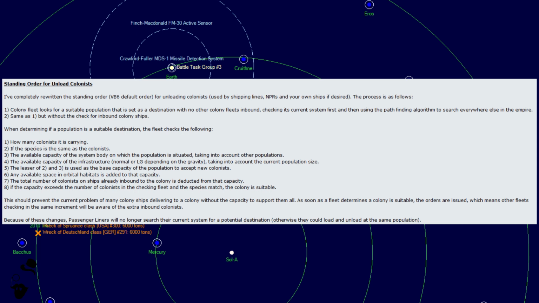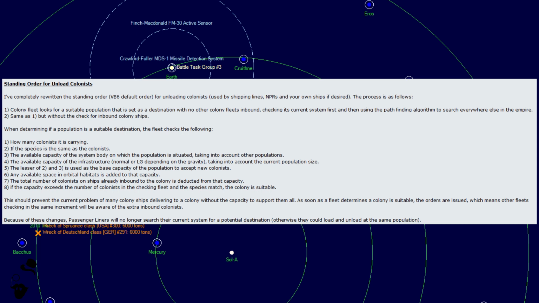Number 2, we're not going to be able to have passenger liners shipping within the same system, which means we're not going to be able to rely on civilian shipping to transport and populate, say, the moon, which I'm a little bit weird about.